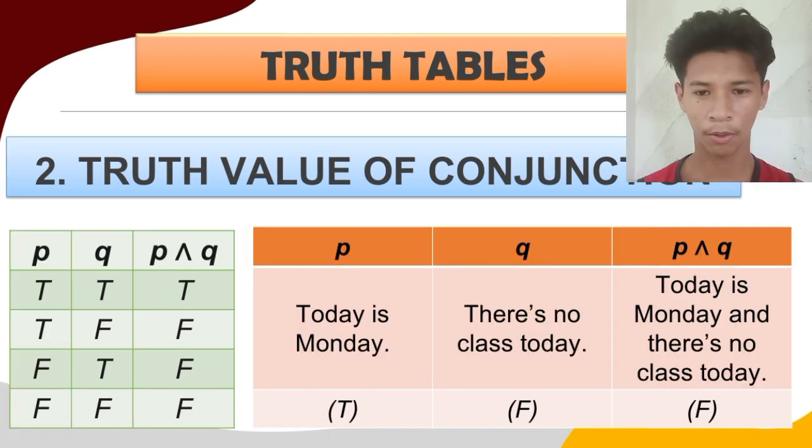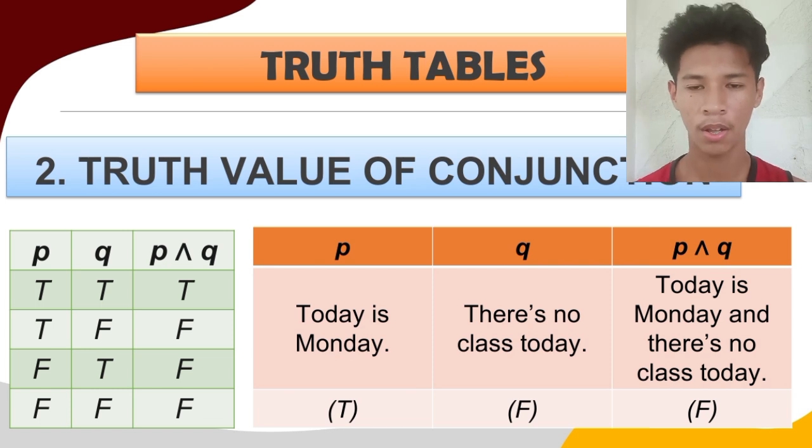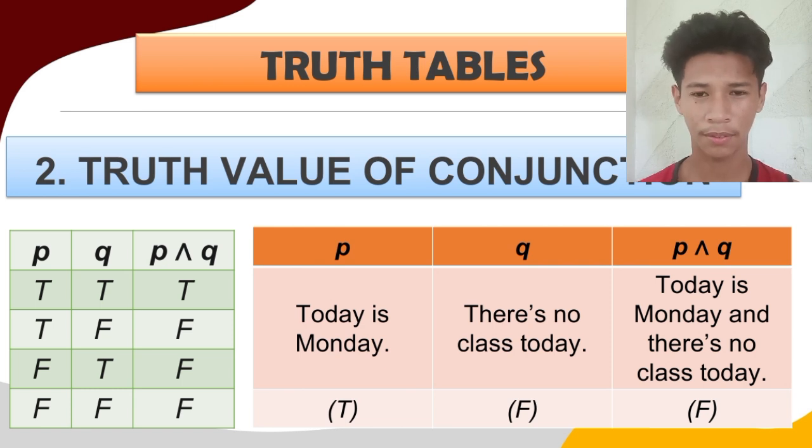Truth value of conjunction. So let us apply the truth value of conjunction by this example. So let's assume na meron tayong dalawang simple statement. First statement, today is Monday. True kasi Lunes naman talaga ngayon. And the second statement, there's no class today.